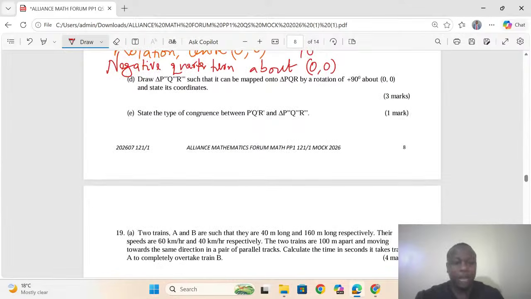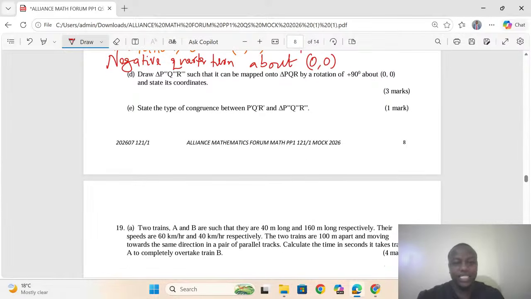Then now we check part D of this particular presentation. Part D says that we draw the third image such that it can be mapped onto the first by a rotation of positive 90 about the origin.